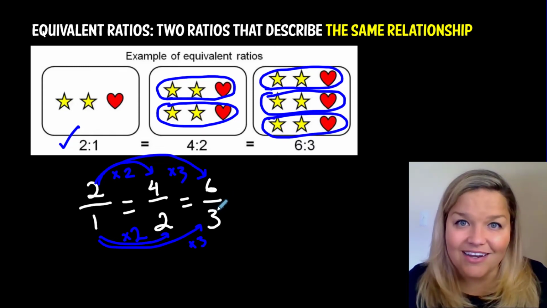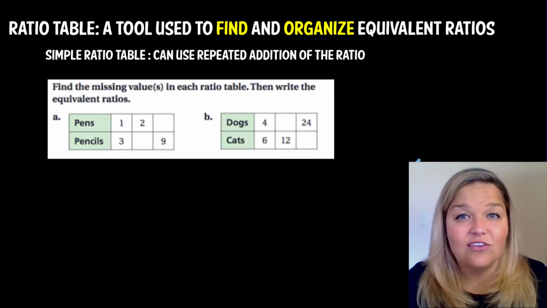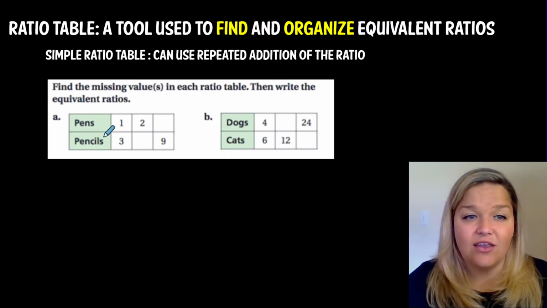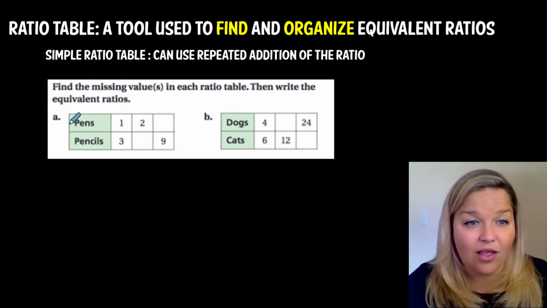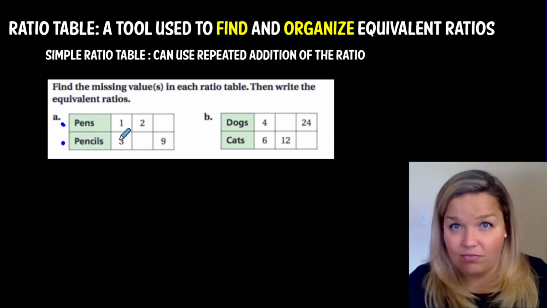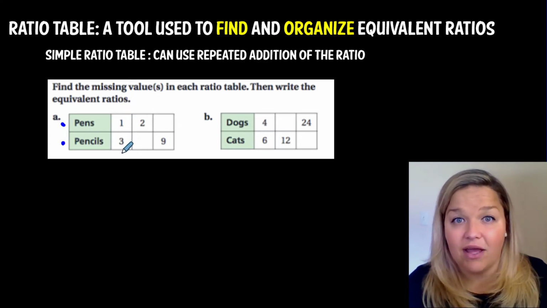Let's continue on. A ratio table is a tool used to find and organize equivalent ratios. So here you can see we have a ratio table of pens compared to pencils. And they started us off with the smallest ratio being 1 pen for every 3 pencils.